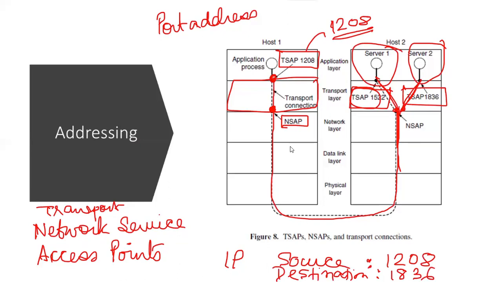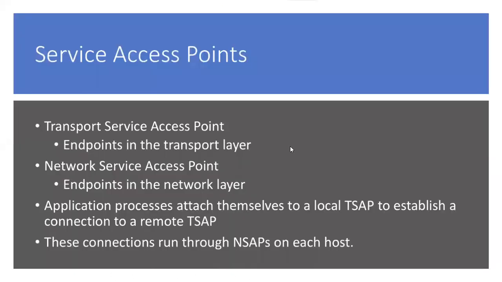So when it reaches the transport entity of host 2, it will know to whom to forward this particular data. These are the various addresses, called service access points. The TSAP is used as the service access point endpoint in the transport layer.